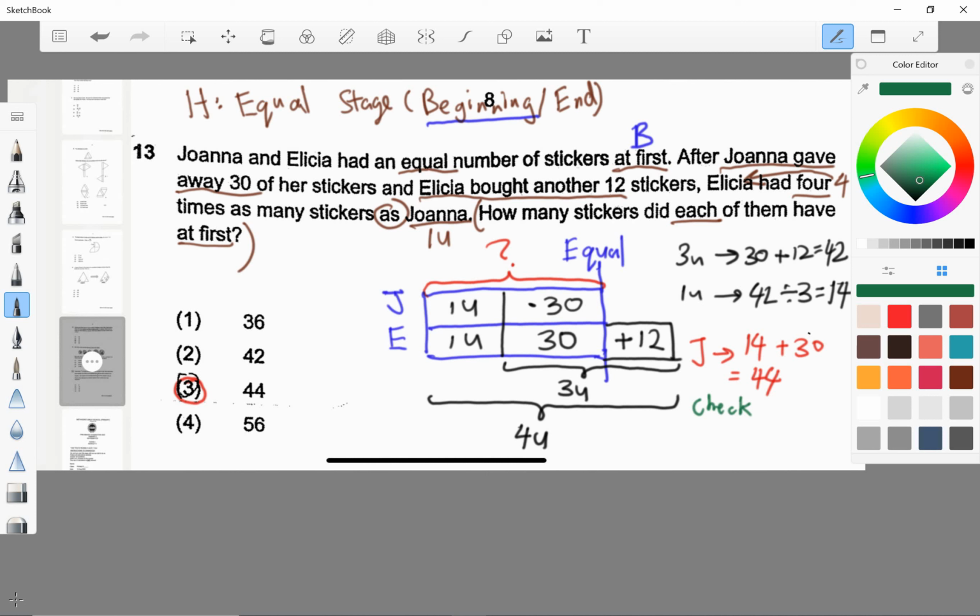If 1 unit is 14, 4 units has got to be 14 multiplied by 4, which leads us to 56. If I subtract away 12, meaning I'm using Elisha's amount, because Elisha bought an additional 12 and that's why she became 4 units, I take 4 units, which is 56, subtract away 12, and I obtain 44 as well. Hence, I usually like to draw a smiley face. This is a confirmation for myself that I've done it right in the exam.